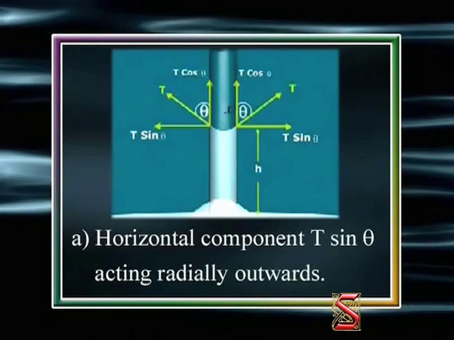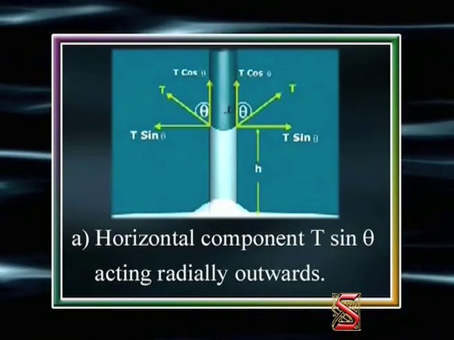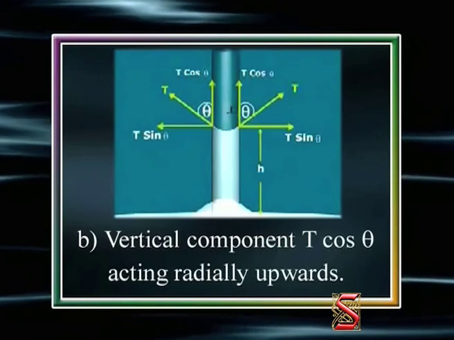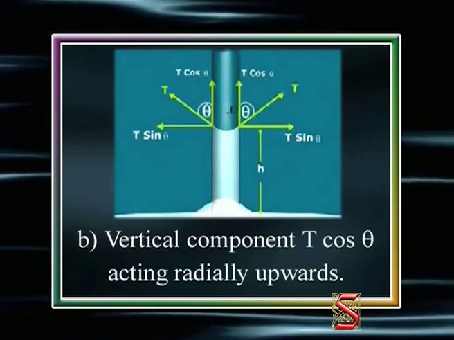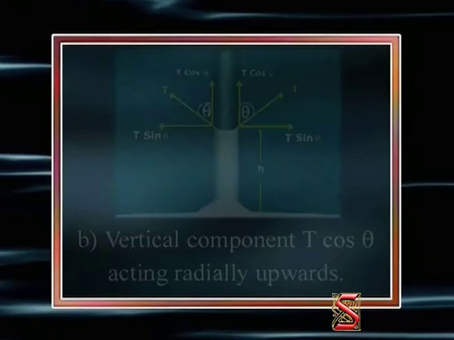One component is the horizontal component, and the other is vertical. The horizontal component is T sin theta and the vertical component is T cos theta.